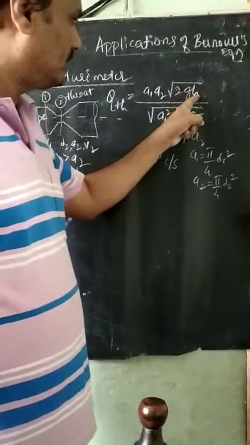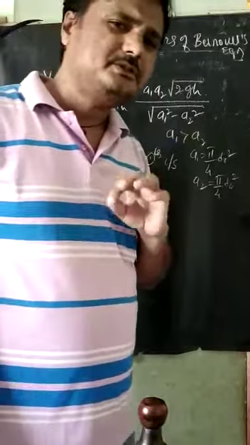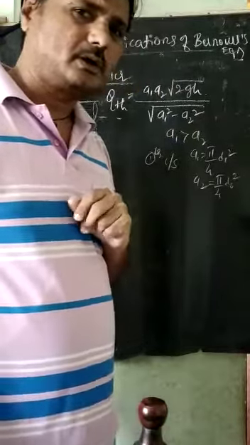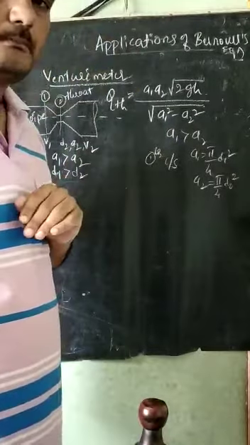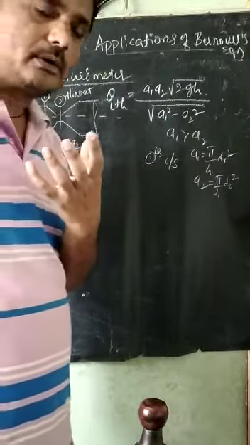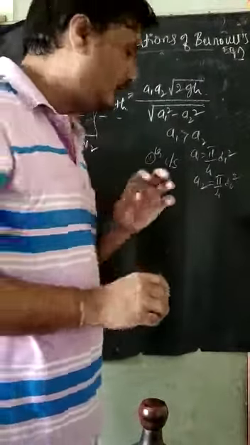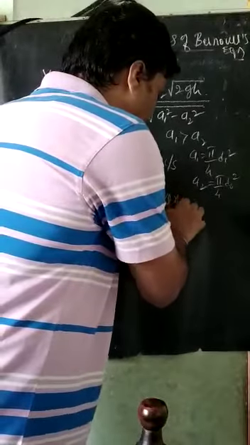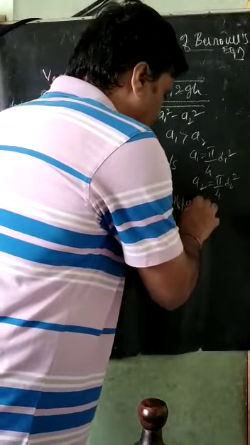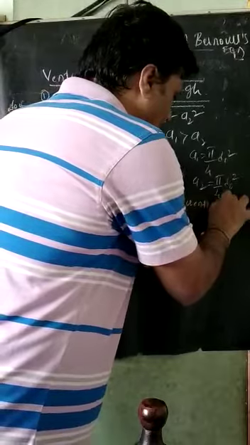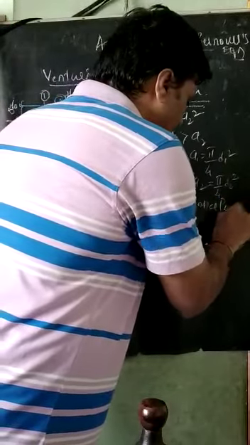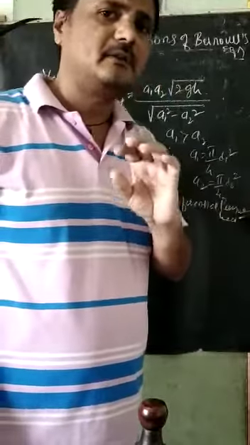Here the problem is h. What is h, and how do we find it out? H is not a height, it is the differential pressure head, but it is expressed in meter or centimeter.